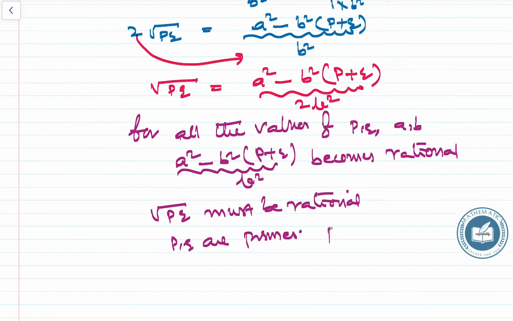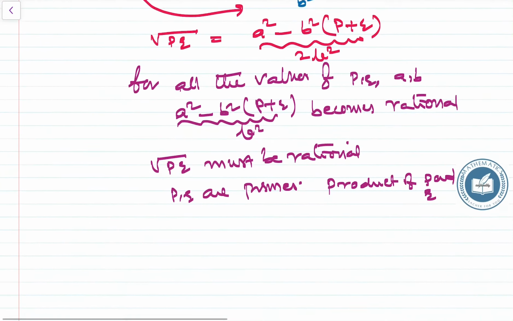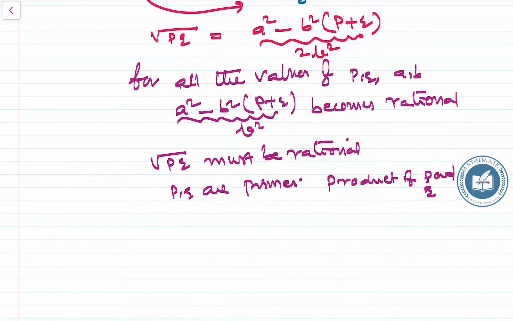So the product of p and q, suppose 3 and 5, the product of p and q is not a perfect square.